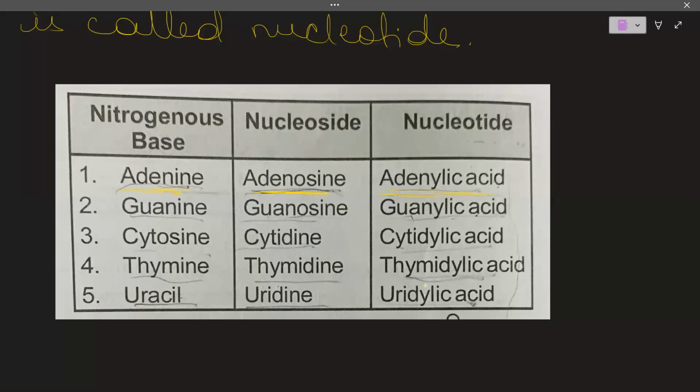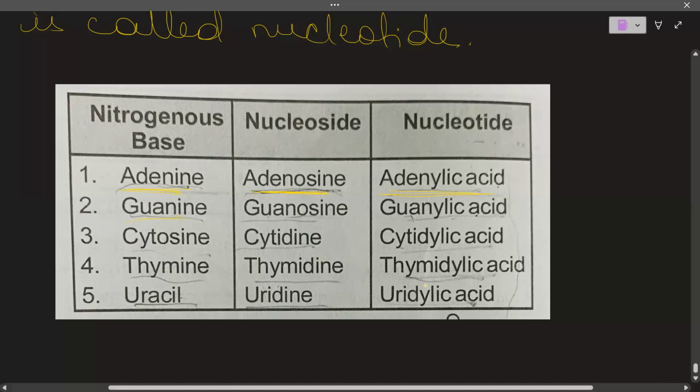Same thing goes for guanine. If guanine forms a bond with pentose sugar, it is called guanosine, meaning guanosine is a nucleoside. But when I add phosphate to it, it becomes guanylic acid, which is a nucleotide.